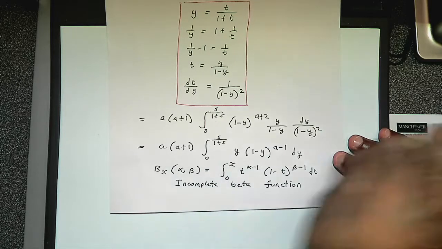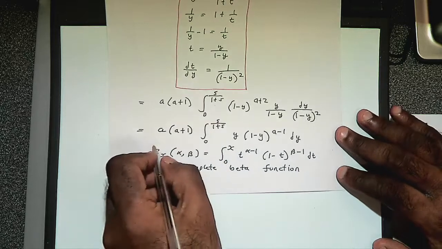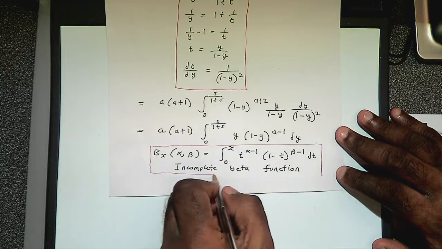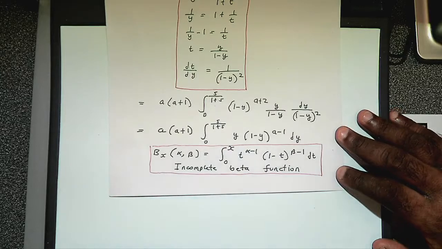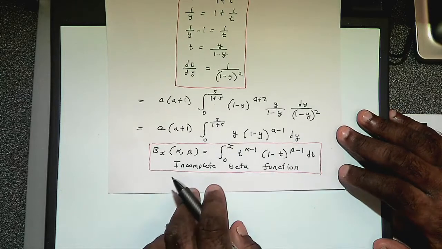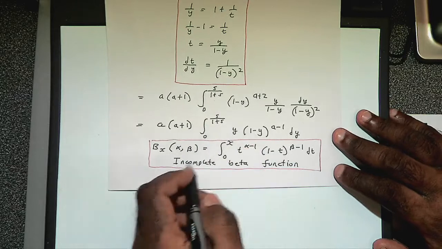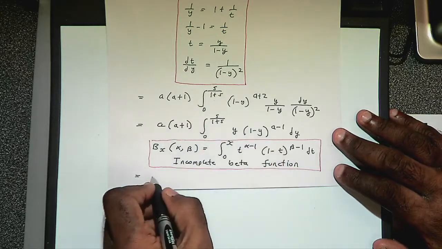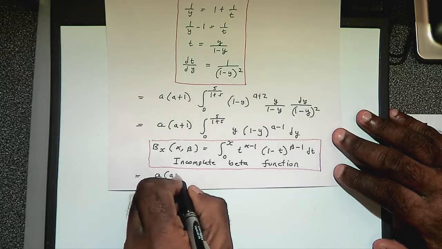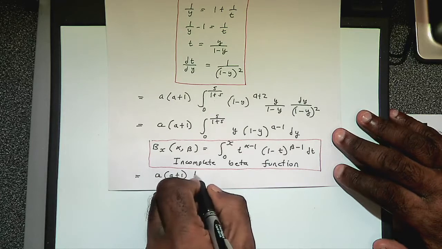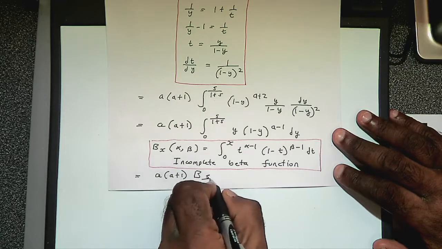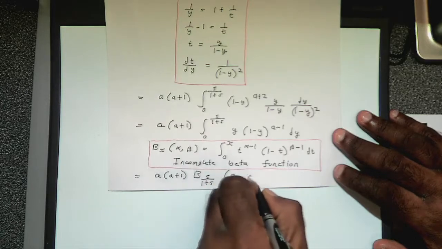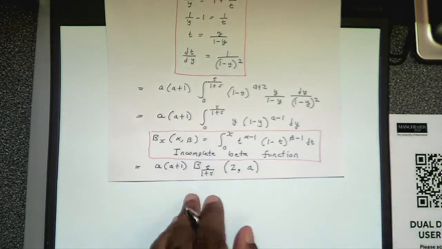Let me put this in a box. Yeah, so using this definition, you can write this integral here as follows. So this would be a times a plus 1, the beta function divided by s divided by 1 plus s, 2 comma a.